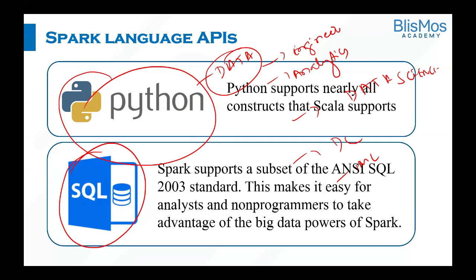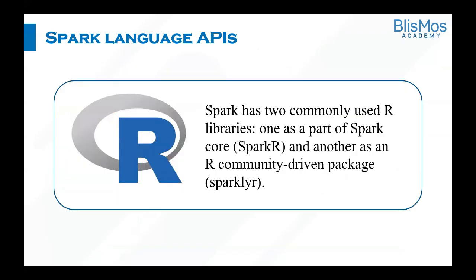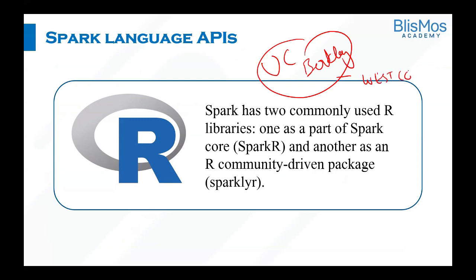And the last one is R. Spark is a product which came out of academics at a university, the University of California, Berkeley. It is on the west coast of the US. A very good university that has produced multiple patents and very good technology.